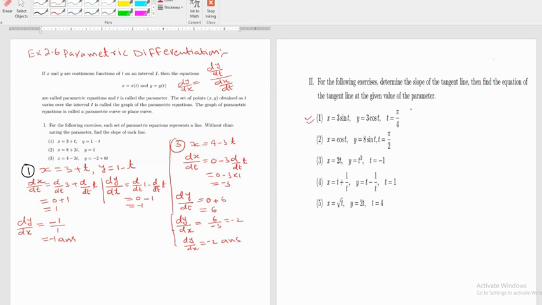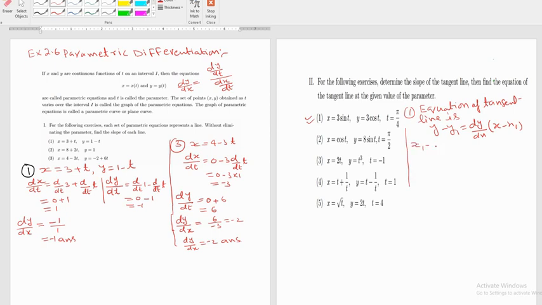So for question number one, the equation of the tangent line is y minus y1 is equal to the slope dy/dx times x minus x1. See x1 and y1: if you replace t is equal to pi by 4 here and here, this will give you the x1, y1 values.